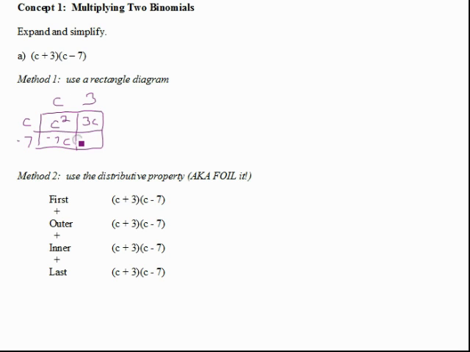And 3 times negative 7 is negative 21. So we get c plus 3 times c minus 7 equals c squared plus 3c minus 7c. Now we could say plus negative 7c, that's the same thing, minus 21, which simplifies to c squared minus 4c minus 21.